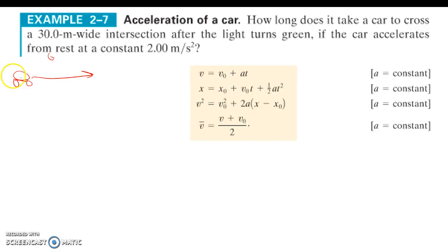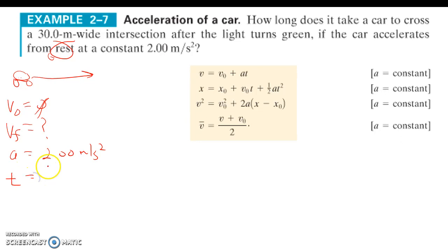So what do we know? Well, let's write down. Do we know our initial velocity? Sure do, because we are at rest. From rest, we're going to be at 0 meters per second. Final velocity, not sure. We can probably figure it out, though, if we need to. Acceleration, we know the car accelerates 2 meters per second squared.